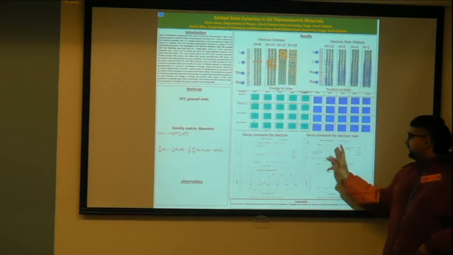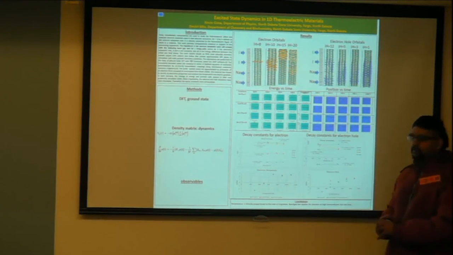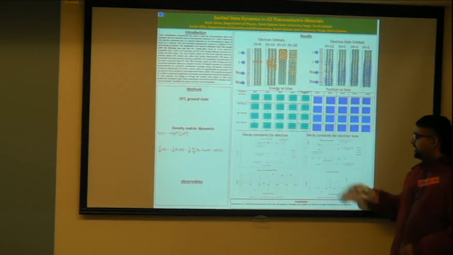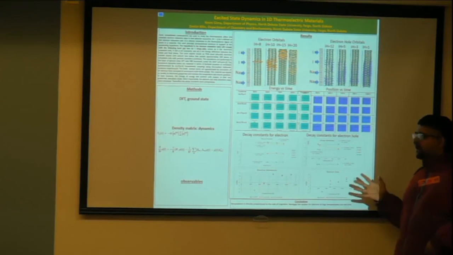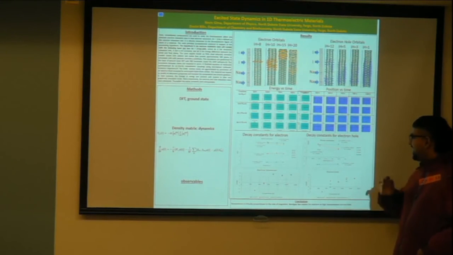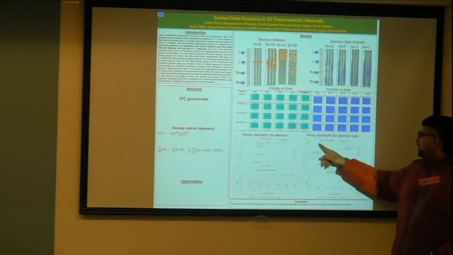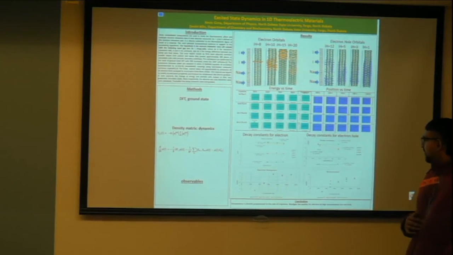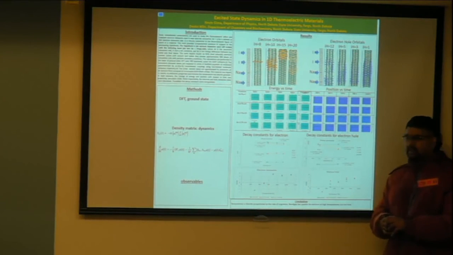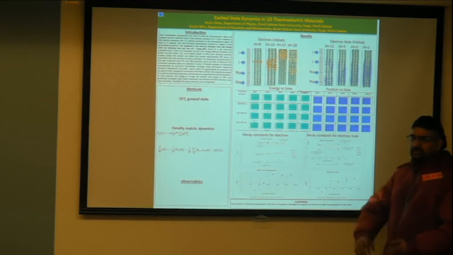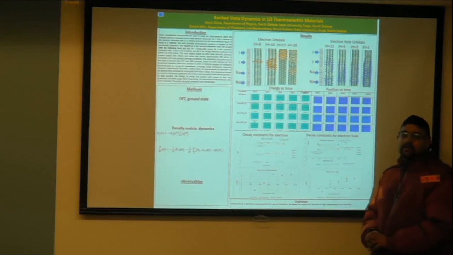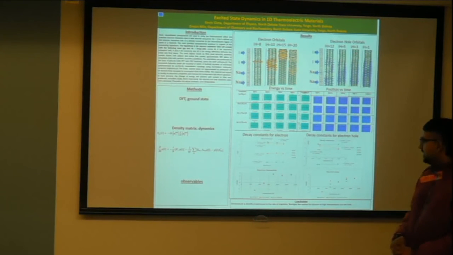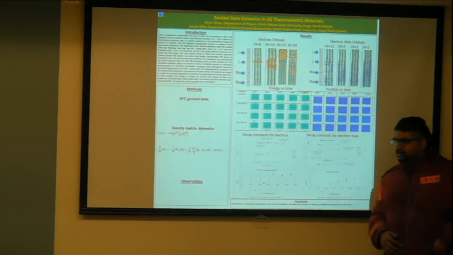However, if you look at these decay constants for the electron hole, the change is almost negligible. And I'm not really sure how I got this large slope for 900 Kelvin. Maybe it was just a fluke. So from my results, I conclude that the Van Gogh law applies for electron at high temperatures, but not for the hole. So that's my conclusion from these graphs.